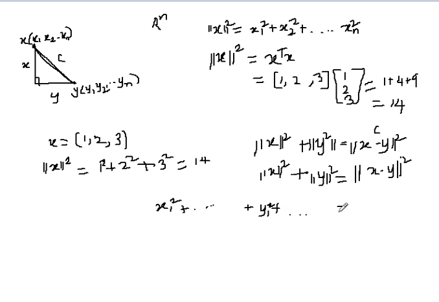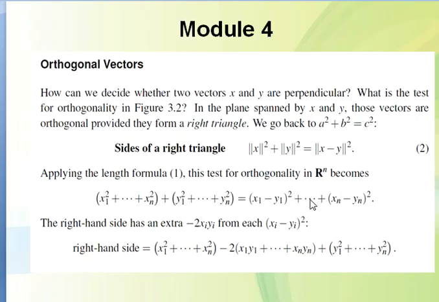And this is equal to (x minus y) the square. We know how this (x minus y) the square has to be calculated. So that is equal to (x1 minus y1) square, (x2 minus y2) square, (xn minus yn) square.